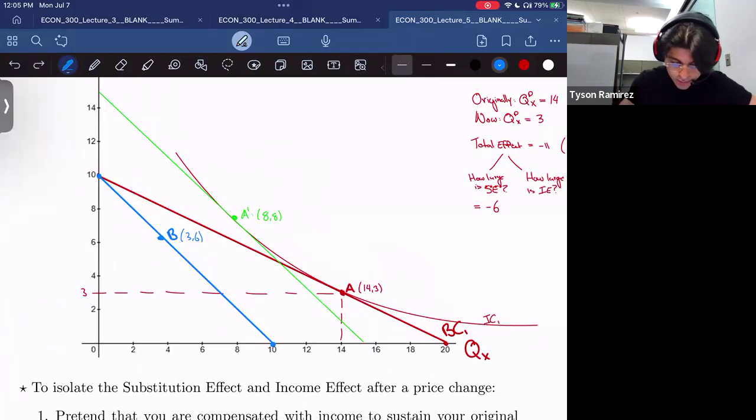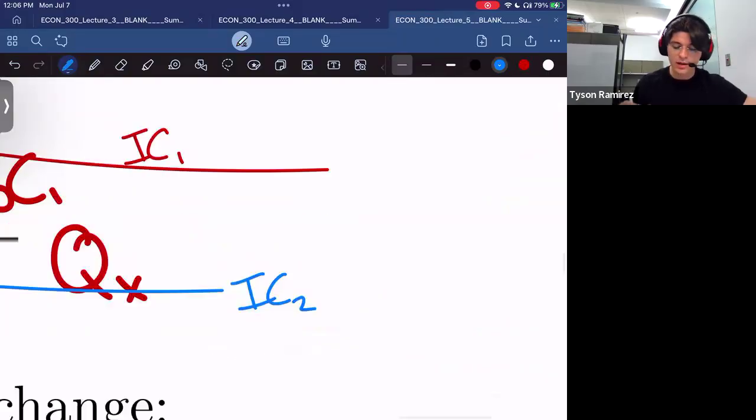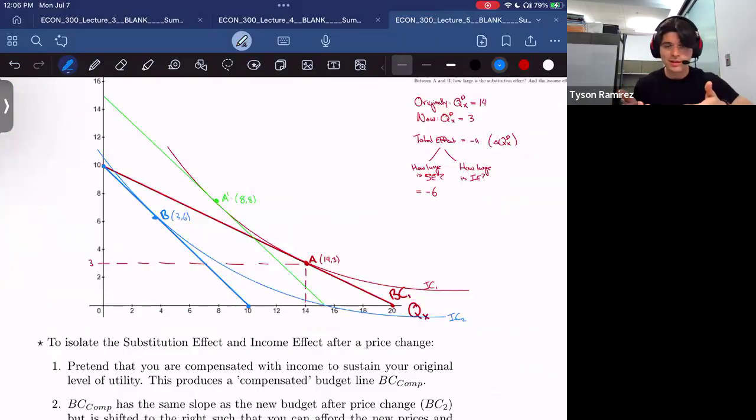Let me try and do it at roughly the same. That's pretty good. Something like that. This will bring us to a lower indifference curve because our purchasing power decreased.